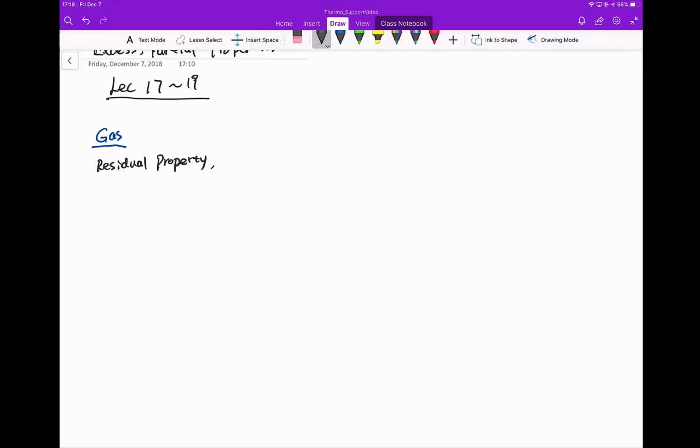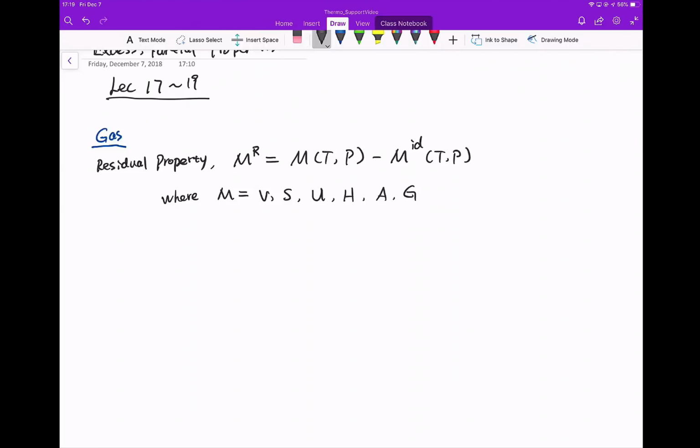For the property M, the residual property is defined as the property under this realistic temperature and pressure, minus the same property if we imagine ideal behavior at the same temperature and pressure. In general, M is volume, entropy, or the four energy equations: internal energy, H, A, and Gibbs energy. So that is for the gas.